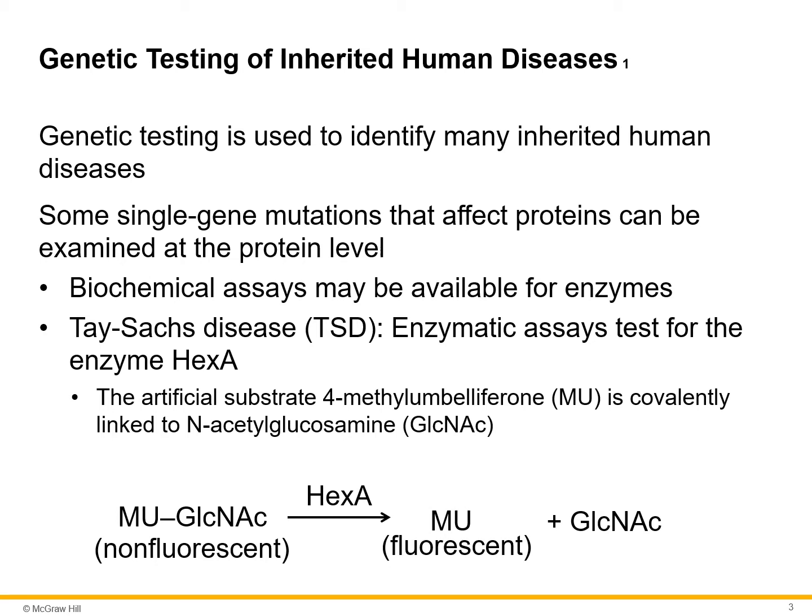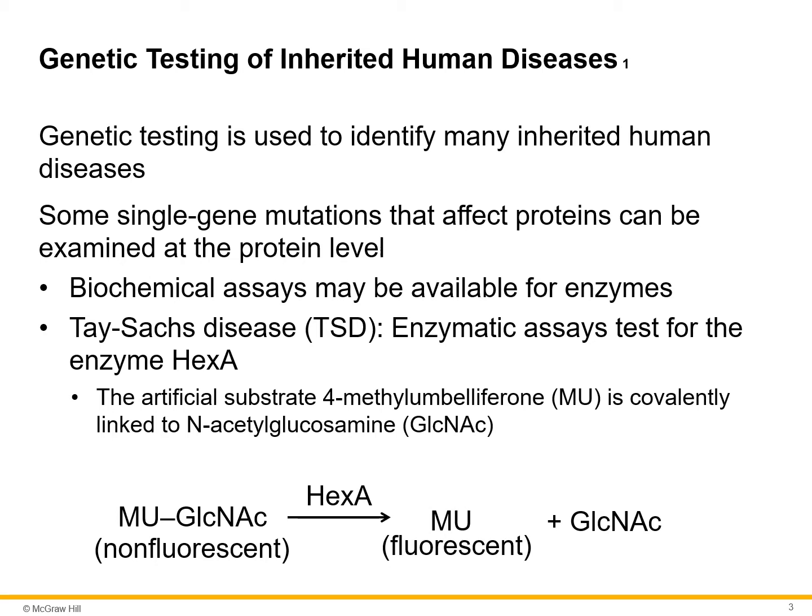So there are biochemical methods used to detect a functioning enzyme. You don't even need to do a gene analysis, you can check the measurement of enzyme activity. Tay-Sachs disease, which we watched a video about earlier in the semester, is a neurological disorder that is autosomal recessive.